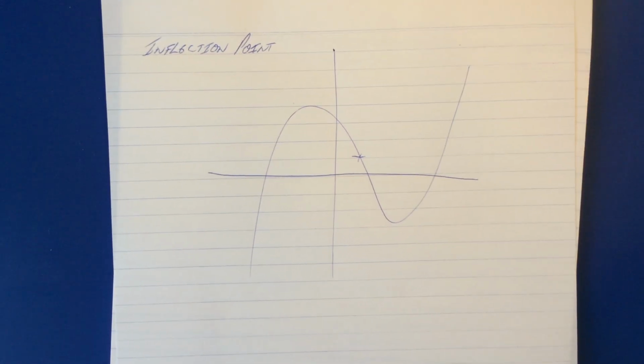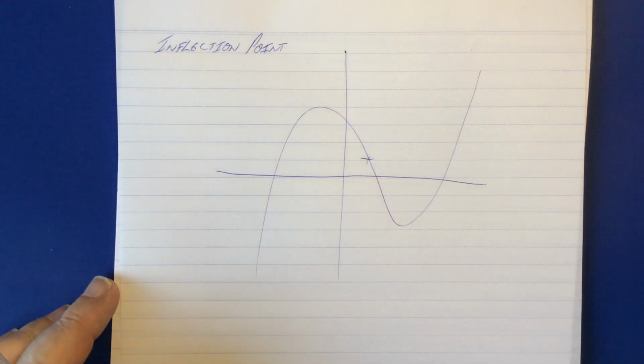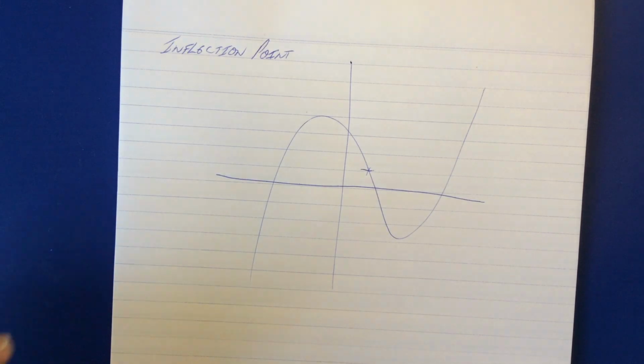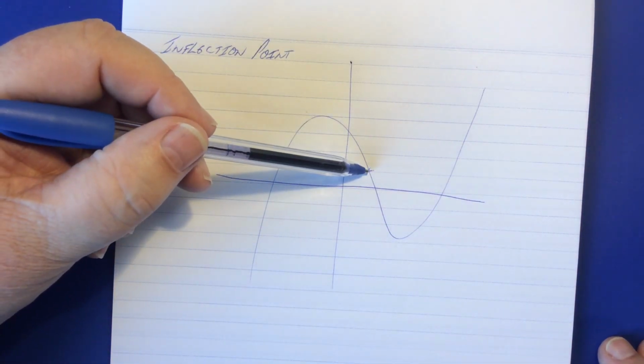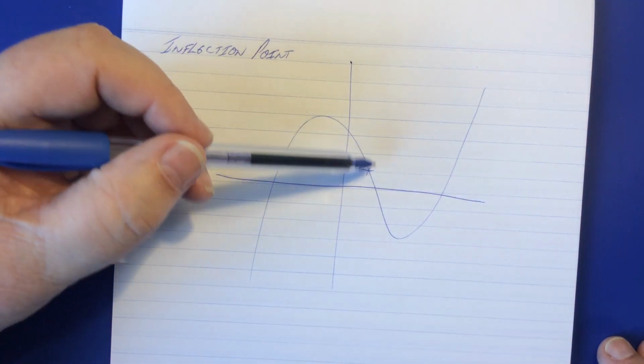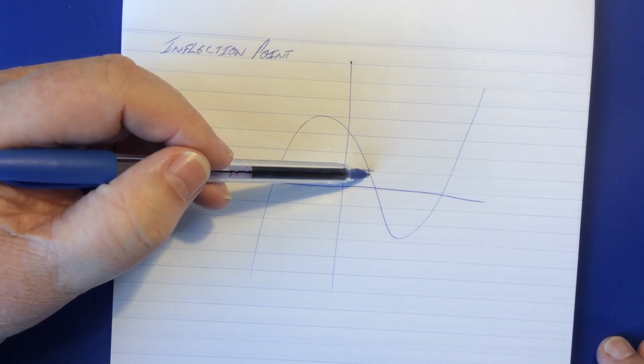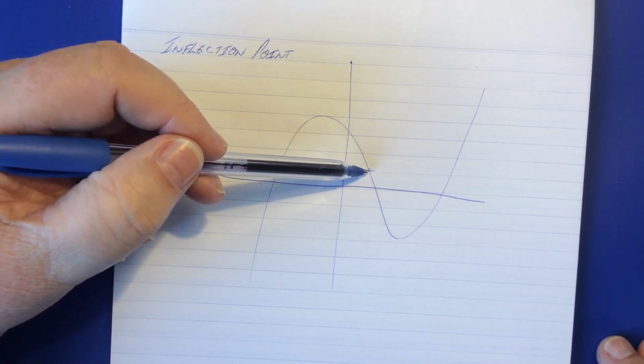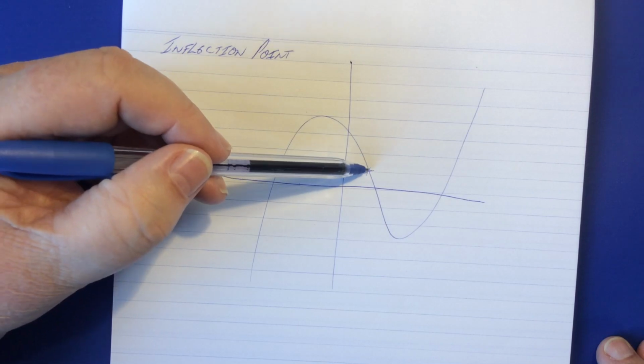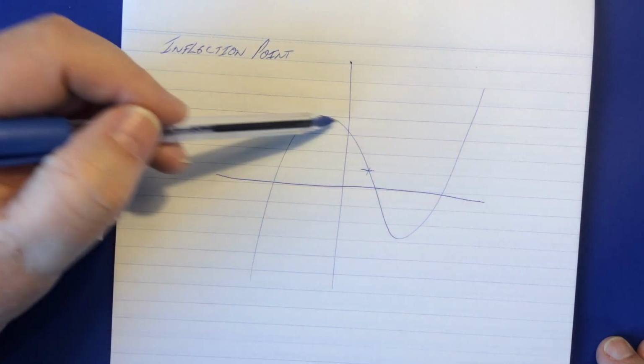There's one other feature of note, and it is this. It's called an inflection point, and it's where the concavity, I think is how you pronounce it, of the graph changes.